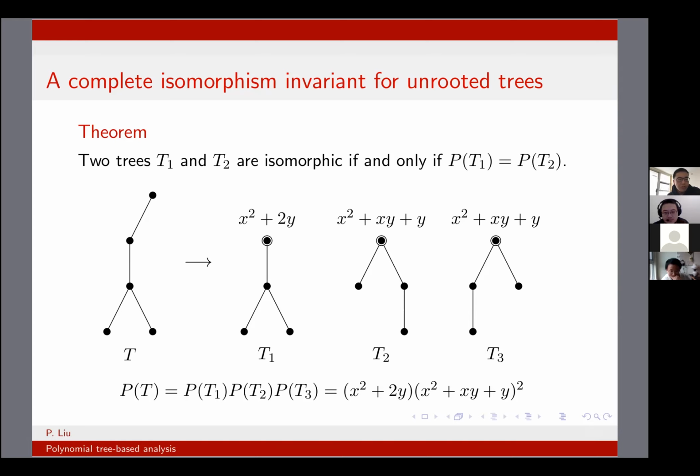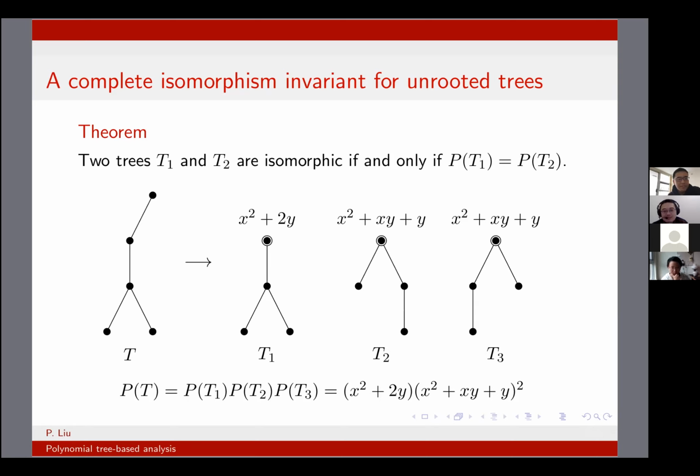And for T2 and T3, we're contracting the bottom 2 edges. And then we have 3 rooted trees here, and all you need to do is just multiply them.